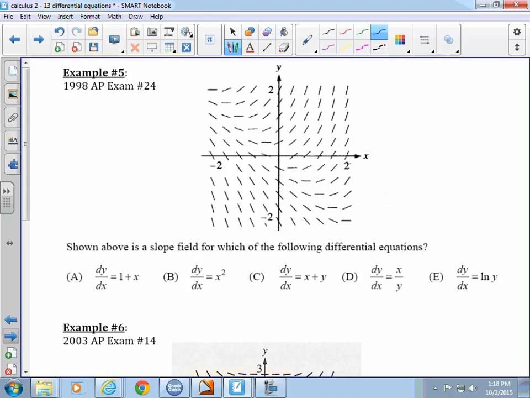On all of the x values, the slopes would be the same. Is that the case for this? No, they're not. So I'm going to say no on that one. And if there are any with only y's in them, I'd say no on the only y's as well. Why would I say no on the only y's? Because the slopes are not the same on a horizontal line either, right? Does that make sense?